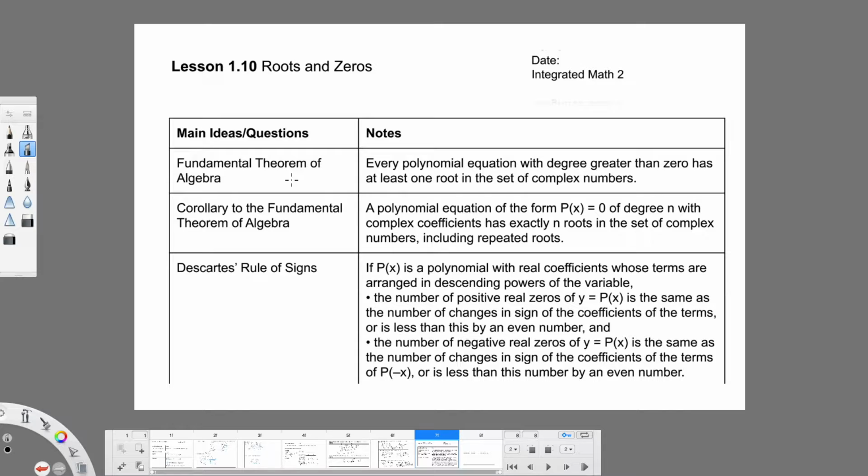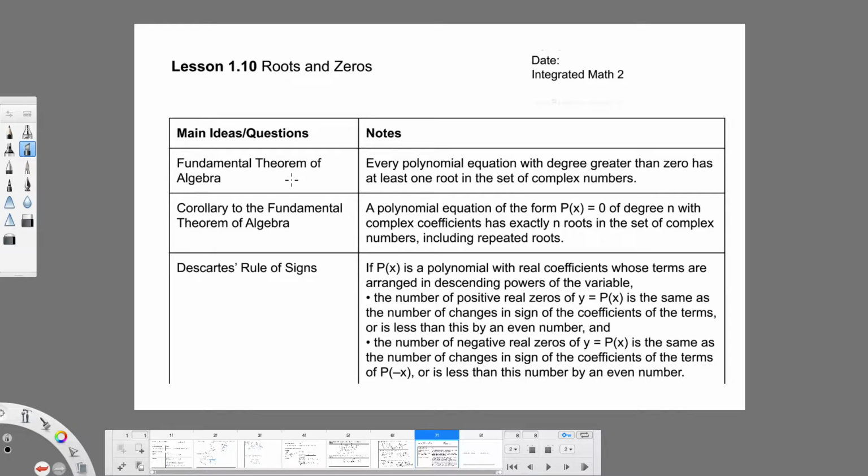Descartes' rule of signs: if p of x is a polynomial with real coefficients whose terms are arranged in descending powers of the variable, so we should always put them in order from greatest to least as far as the powers go, the number of positive real zeros of y equals p of x is the same as the number of changes in the sign of the coefficients of the terms.